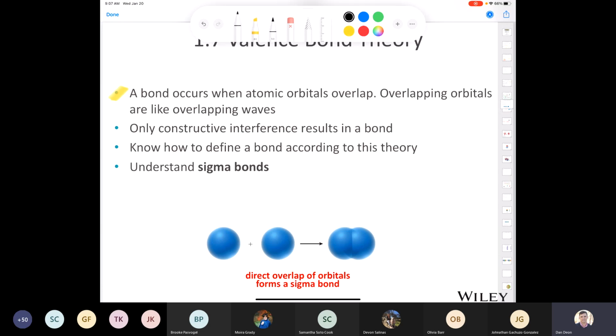Let's say that this is a hydrogen atom here, and this is a hydrogen atom. They both have an electron, and when these two 1s orbitals, both 1s1, overlap, they're going to share the 2 electrons, which will now have opposite spins. And that's how we form a sigma bond.